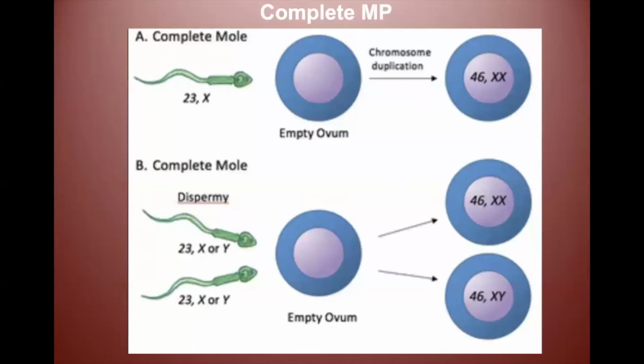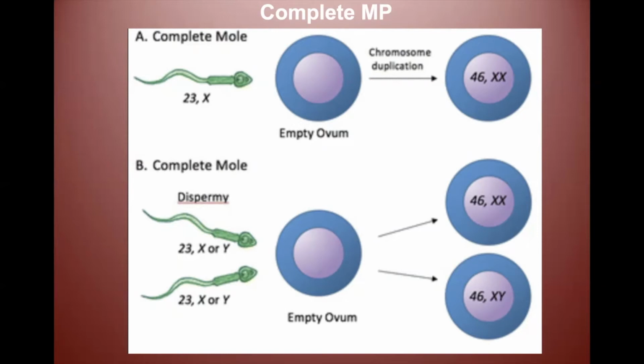Complete moles generally have a 46XX karyotype, and the molar chromosomes are completely of paternal origin. Most complete moles appear to arise from an anuclear empty ovum fertilized by a 23X haploid sperm that then replicates its own chromosomes.